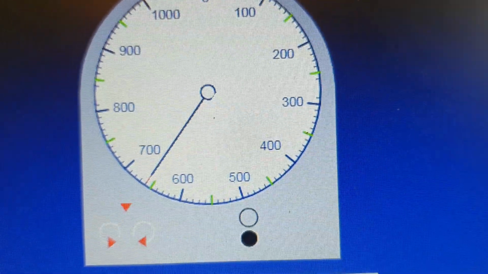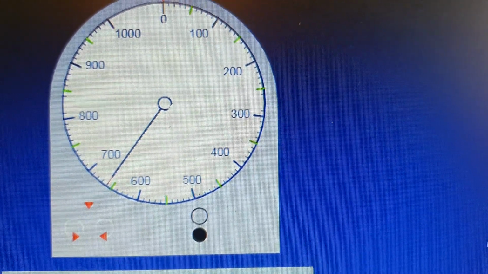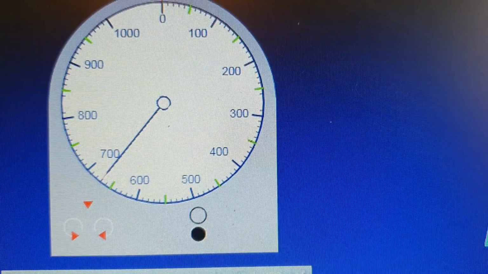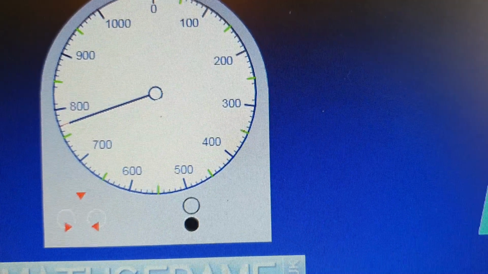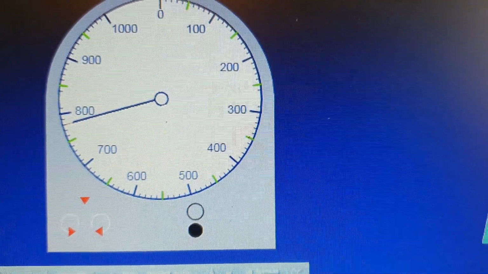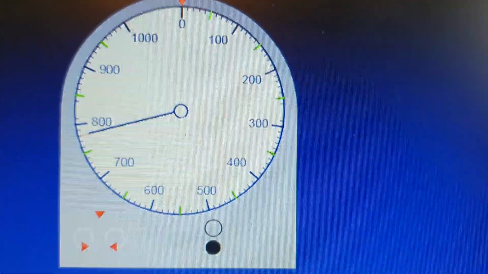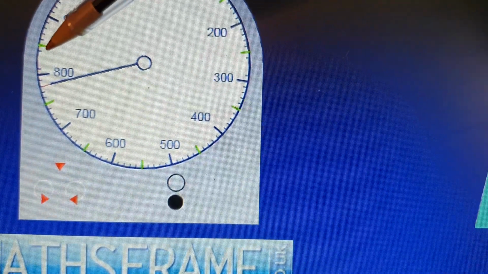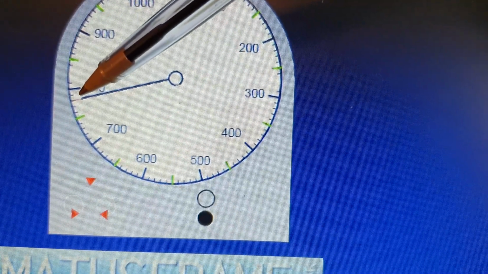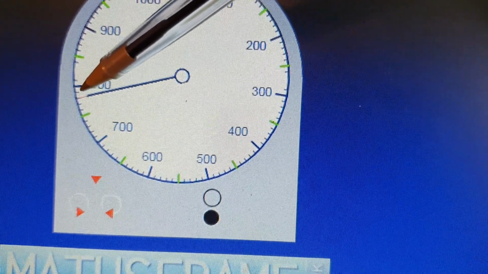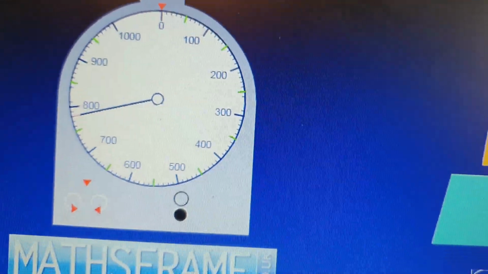Add 10, 660. Now, if I do another one, what would that be? Again, this time we can just go straight to 800 and take 10 away and another 10. So 790, 780.